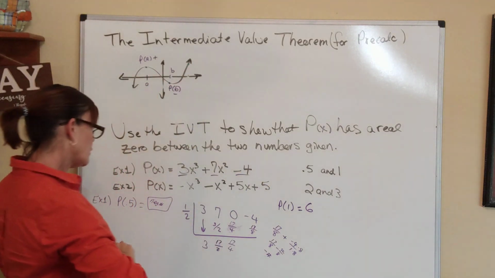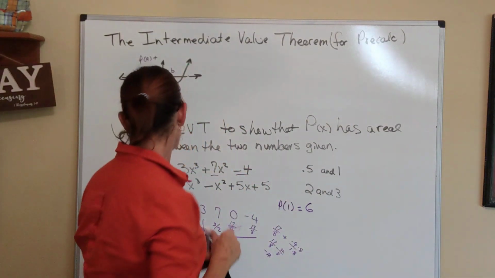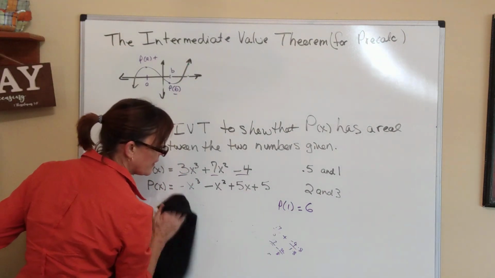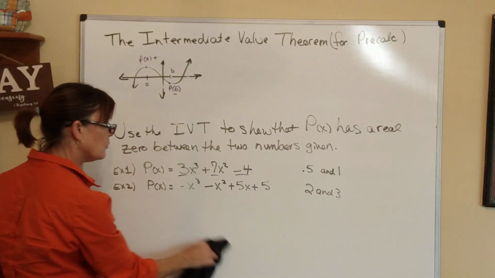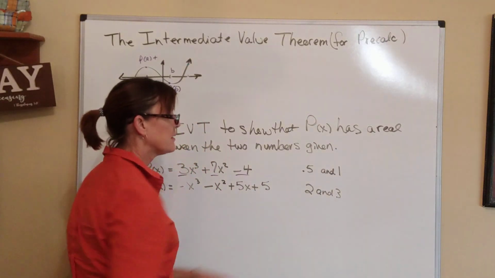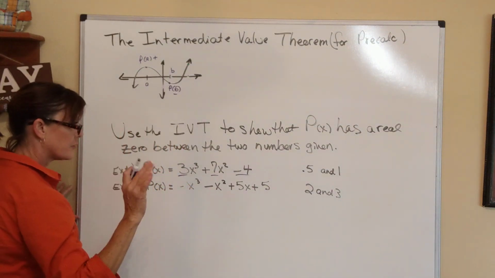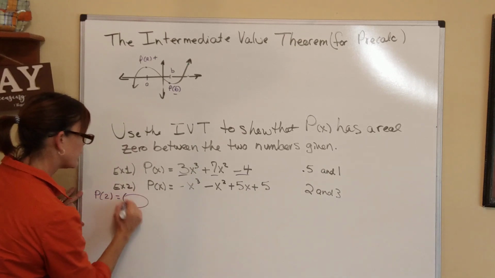So real quick, I'll do example 2. I will use synthetic division and the remainder theorem again, because I'm writing your test and I know that you have a question like that on it. So for example 2, we've got to show that a real zero exists between 2 and 3. The remainder theorem says that P of 2 will equal whatever the remainder is.